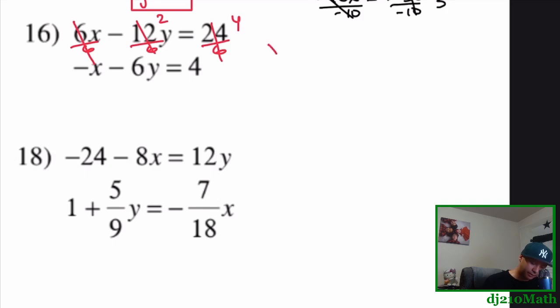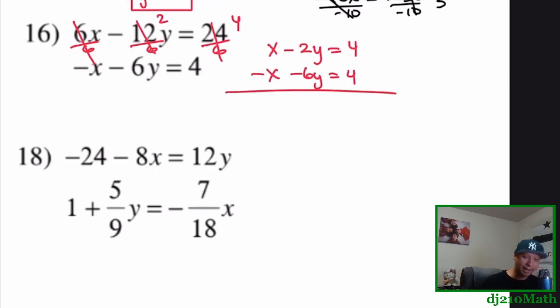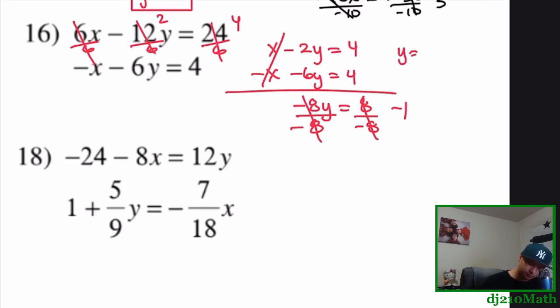I'm going to rewrite it just so it's cleaner. So I have x minus 2y equals 4. Then underneath, negative x minus 6y is equal to 4. So when I add, x cancels. Negative 8y is equal to 8. Divide everything by negative 8. Cancels, negative 1. So y is equal to negative 1.